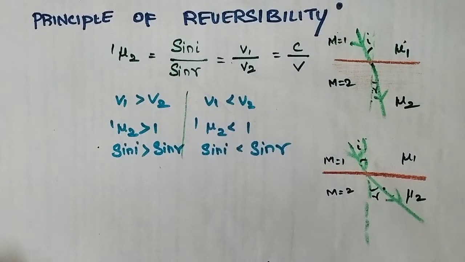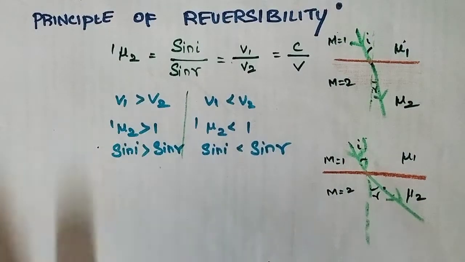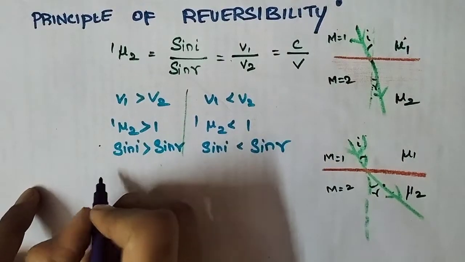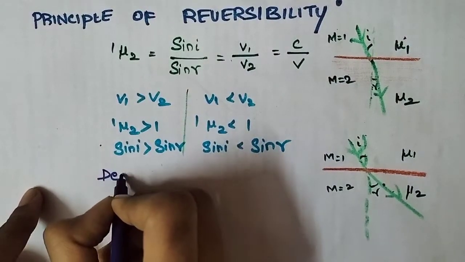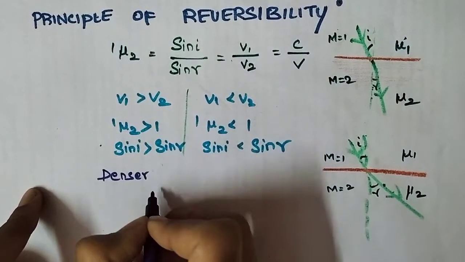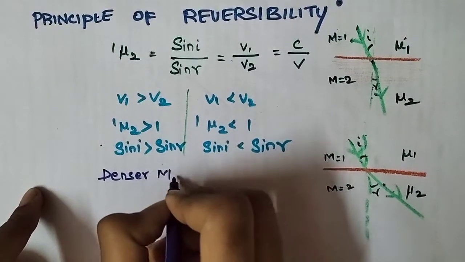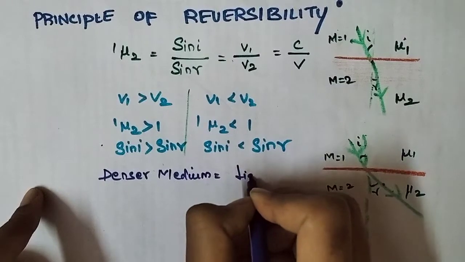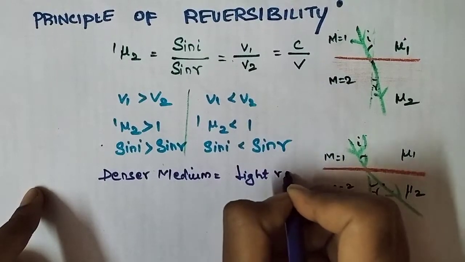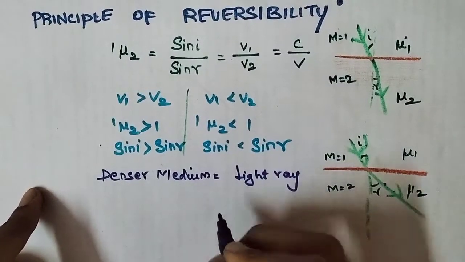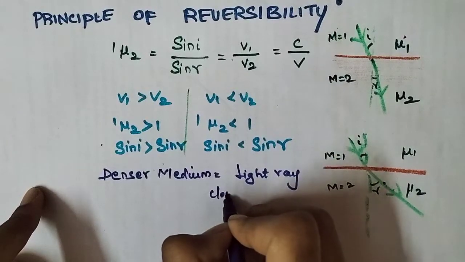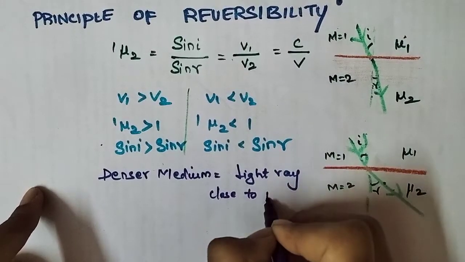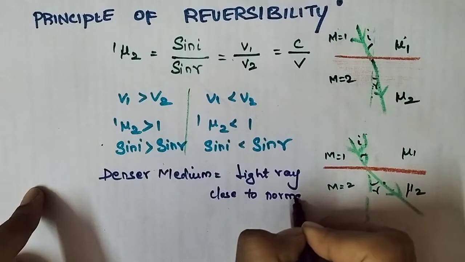This is going to be the denser medium. If the ray is close towards the normal, then it is the denser medium. So I will write this relation. Denser medium. Okay, children. Denser medium, light ray will be close to the normal.